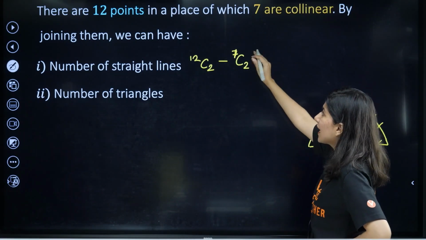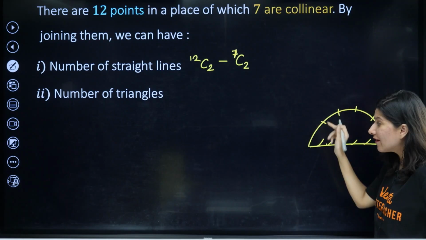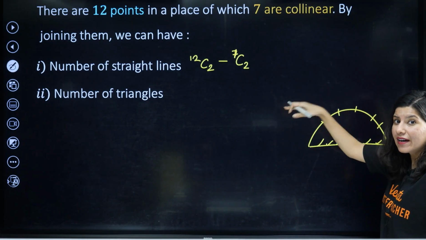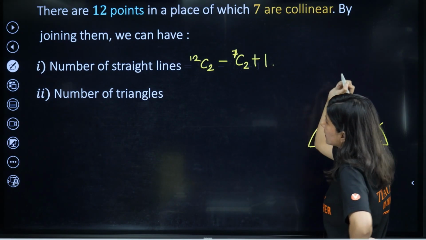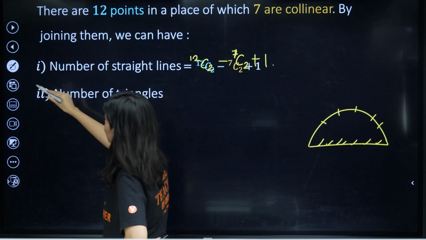So subtracting all the lines which were extra added by 12C2: 12C2 minus 7C2 plus 1 will be the answer.